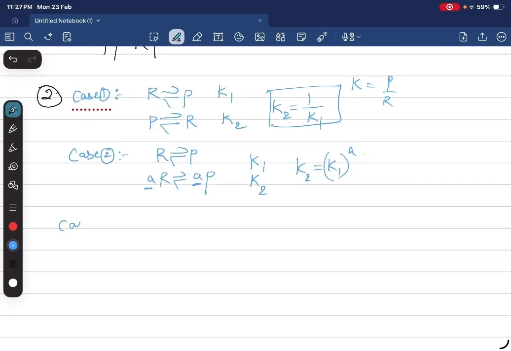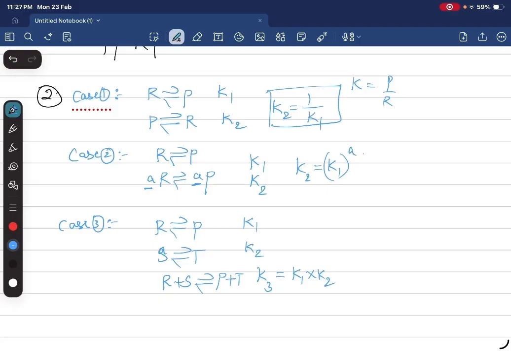Same way, case 3. Reactants converted into products. So R converted into P, S converted into T, and R plus S gives rise to P plus T if you take. Let us take K1, K2 and K3. So what you can write, K3 equals K1 into K2.